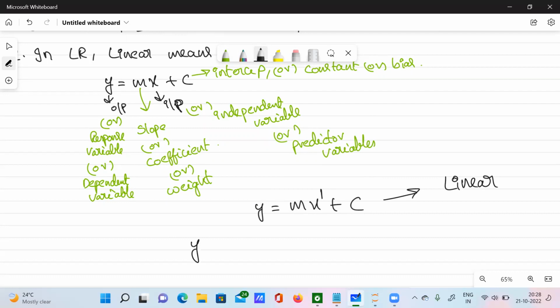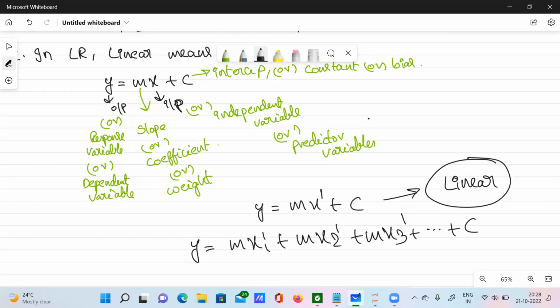We may have lots more variables, like for example y equal to m1x1 plus m2x2 plus m3x3 and so on plus c, right? But these are all variables raised to the power 1. So that's why we call it linear.